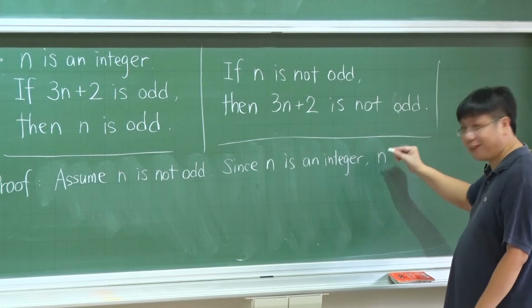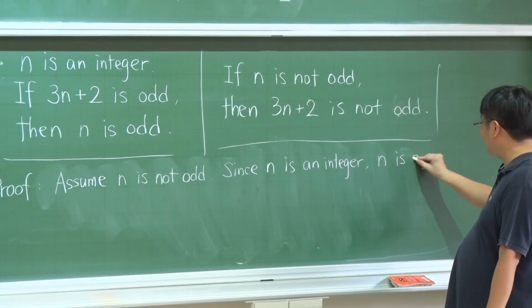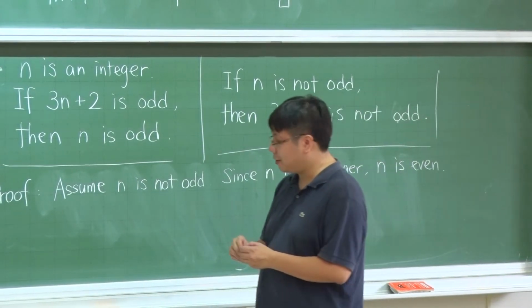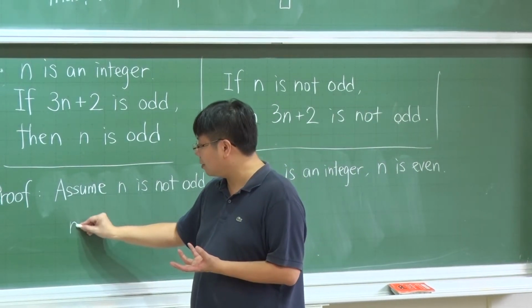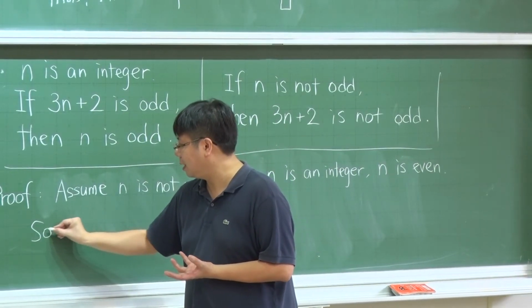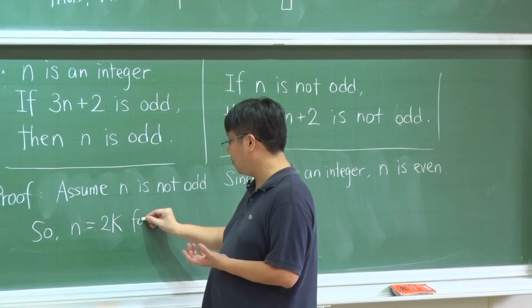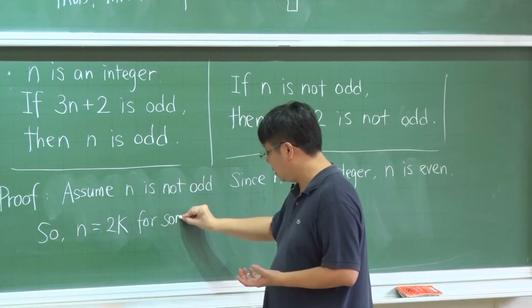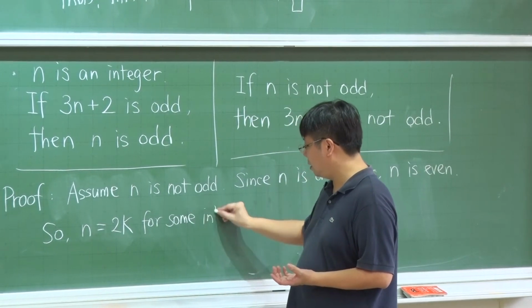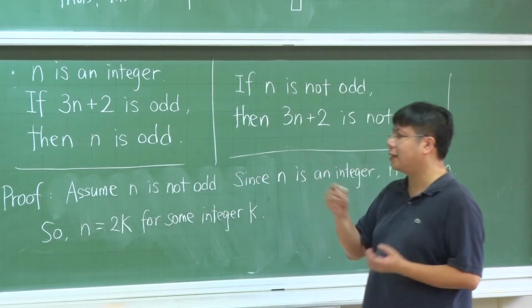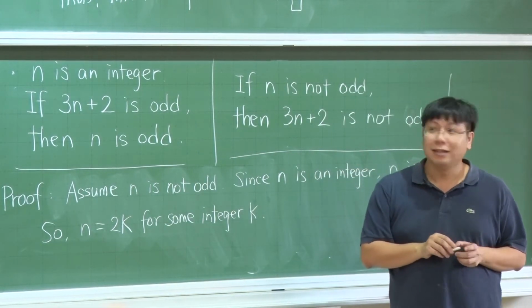Very good. n is even. So n is equal to 2k for some integer k. We can find some integer k such that n is equal to 2k.